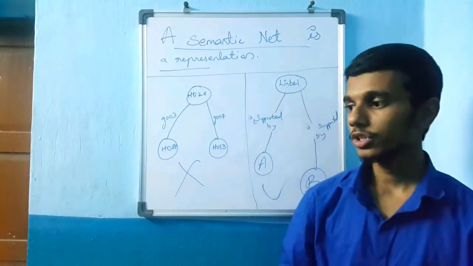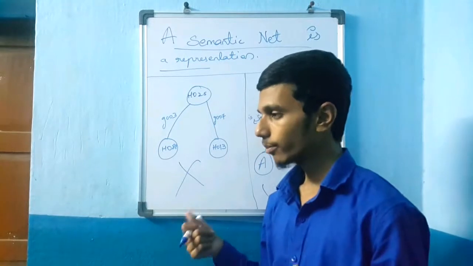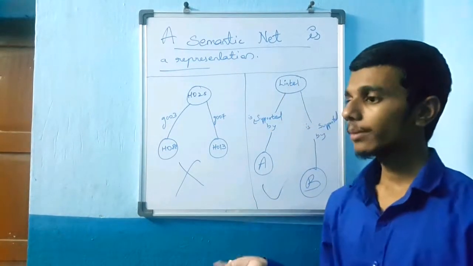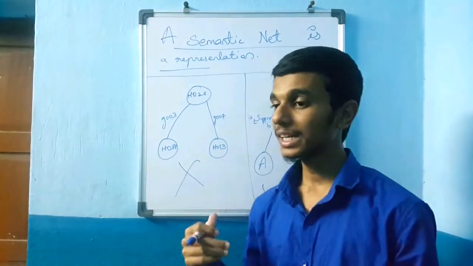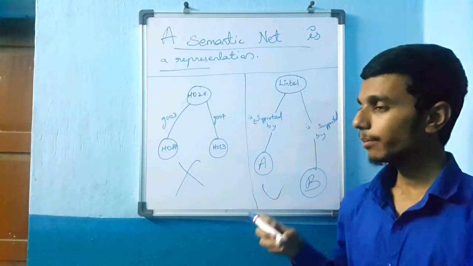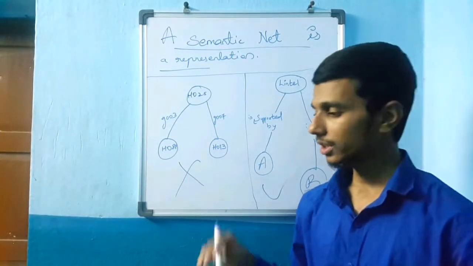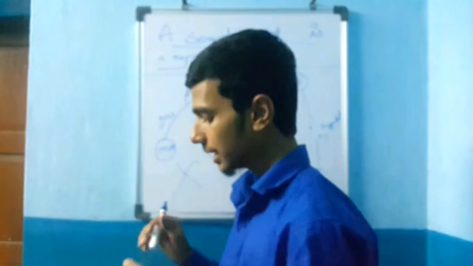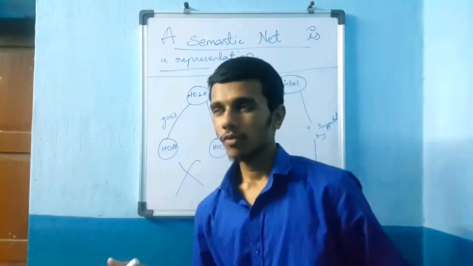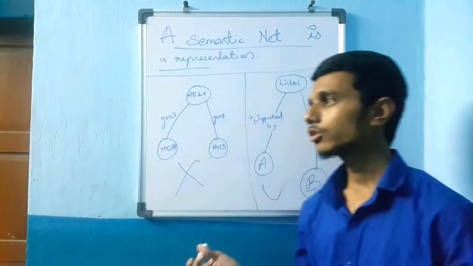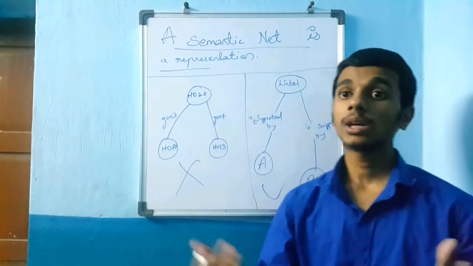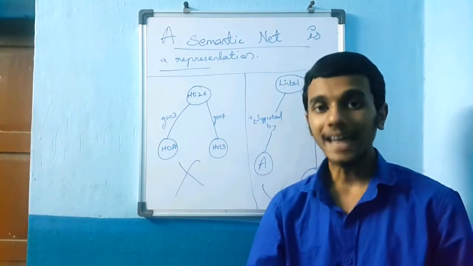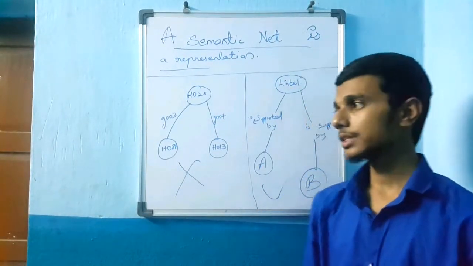And procedural semantics: for example, if you are taking a program that can operate on the description, which is the representation, the meaning is defined by what the program will do. For example, if you take a program A and what the program is going to do, that is procedural semantics.